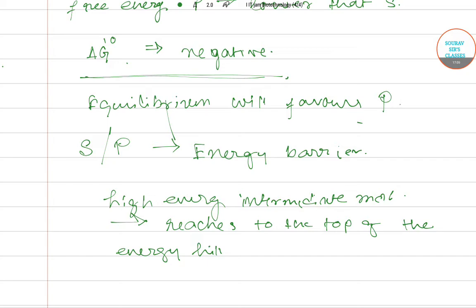And when it reaches the top of the energy hill, it can decay either to substrate or product, and this is the state we call the transition state.